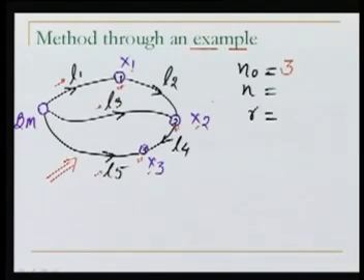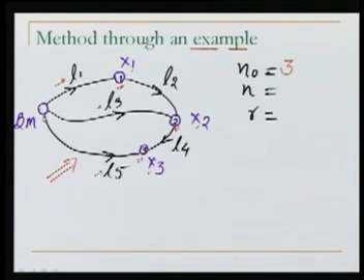Starting from the benchmark, we reach point number 1 by observing L1. Then from point number 1, we find the difference between point number 2 and point number 1, which is L2. Again from the benchmark, we go to point number 2, finding the difference between the benchmark and point number 2, which is L3.